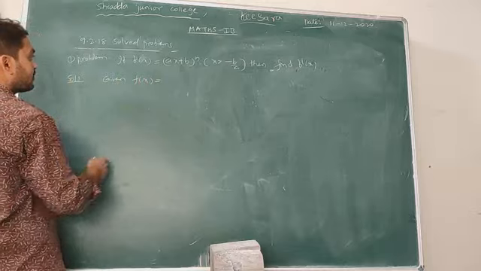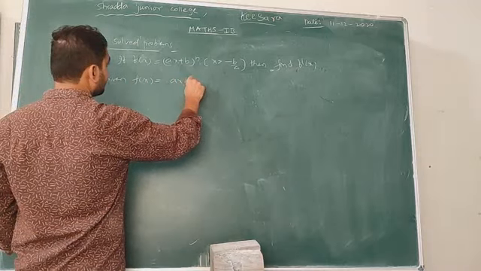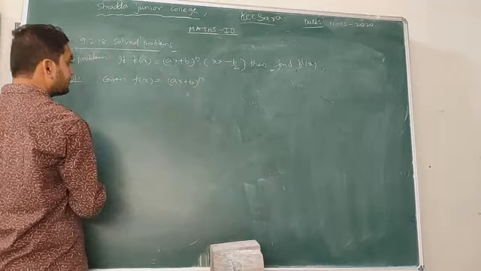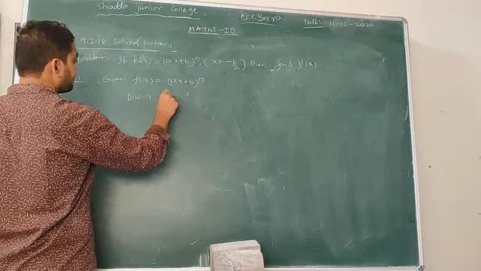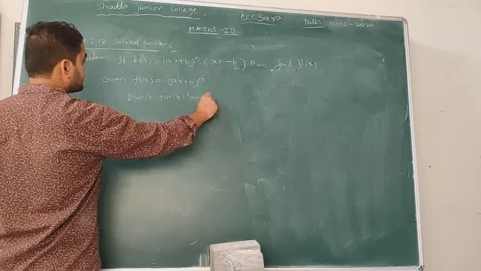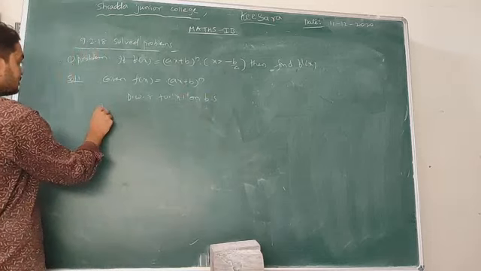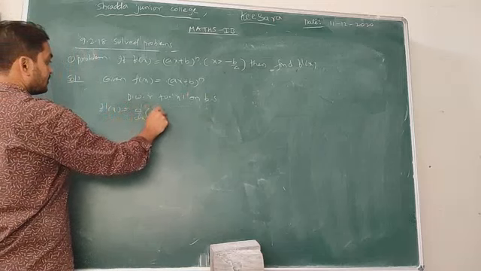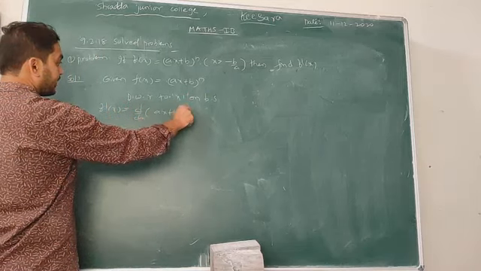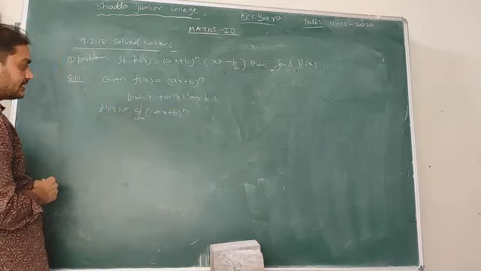What is given? F of x equals to ax plus b whole power n. Now differentiation with respect to x on both sides. Now we have f dash of x equals to d dx of ax plus b whole power n.